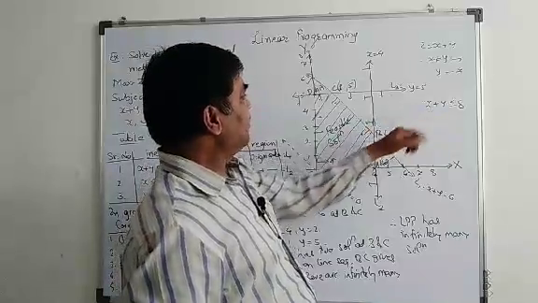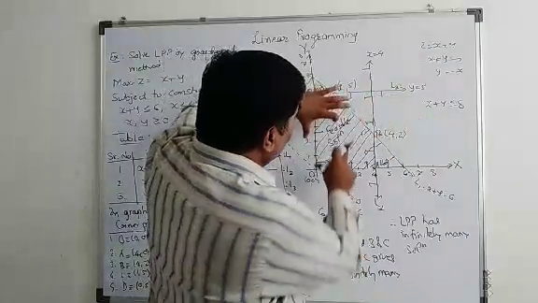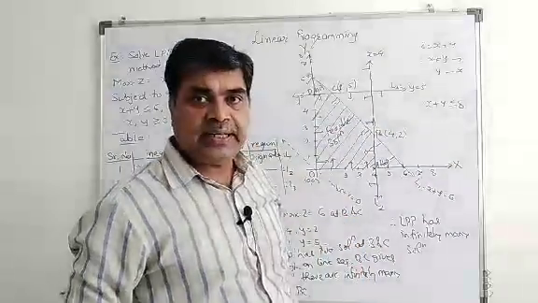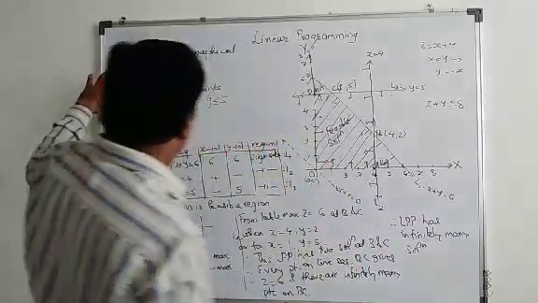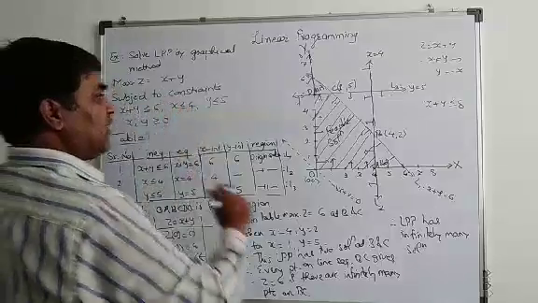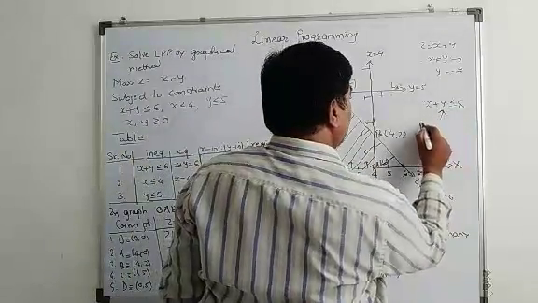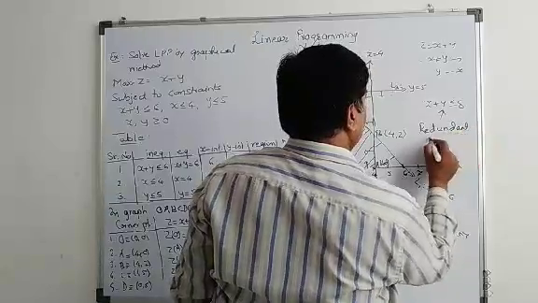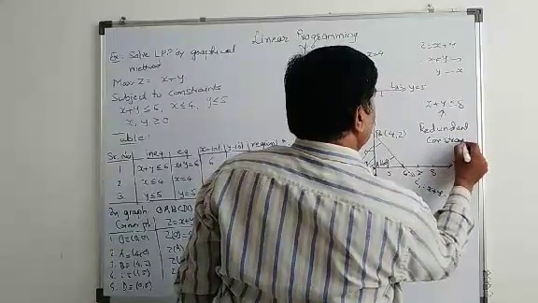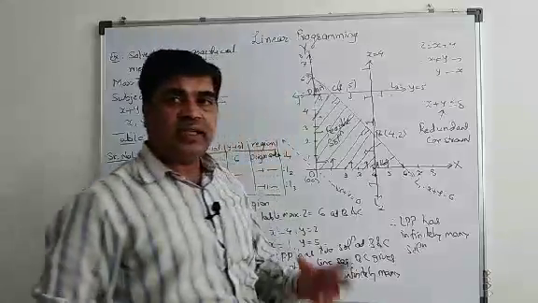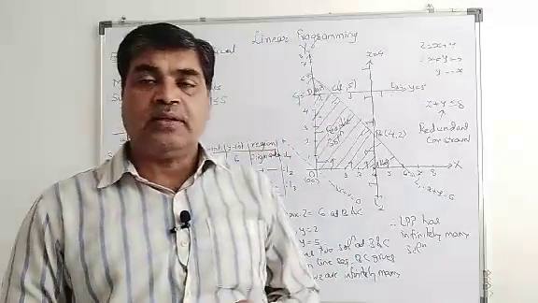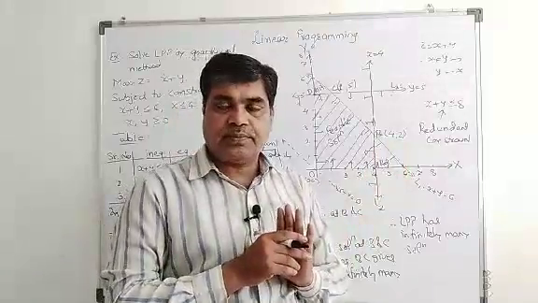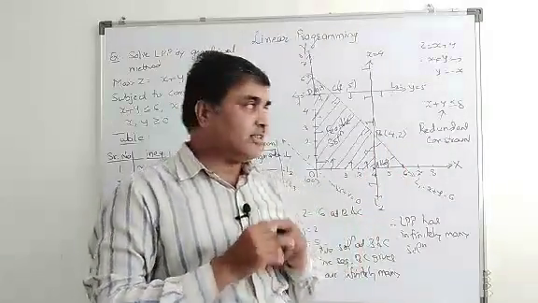This line doesn't affect your feasible solution region. So x plus y less than or equal to 8, as an additional constraint for this LPP, becomes a redundant constraint. A constraint in a given LPP which doesn't affect the feasible solution region is known as a redundant constraint. That is one more additional concept.